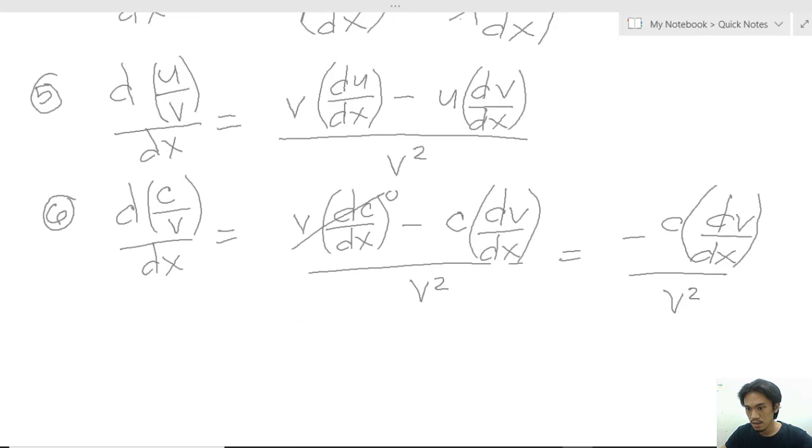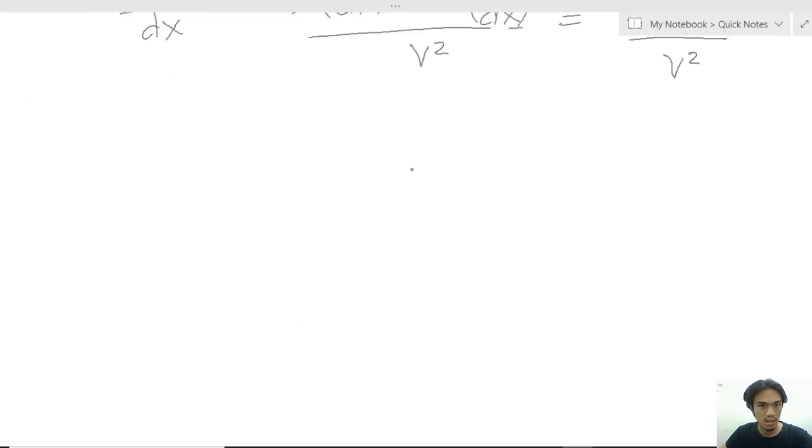Moving on, let's have the seventh formula that we need to consider. This would be the power rule: the derivative of u raised to n, where n is a constant value, with respect to x.